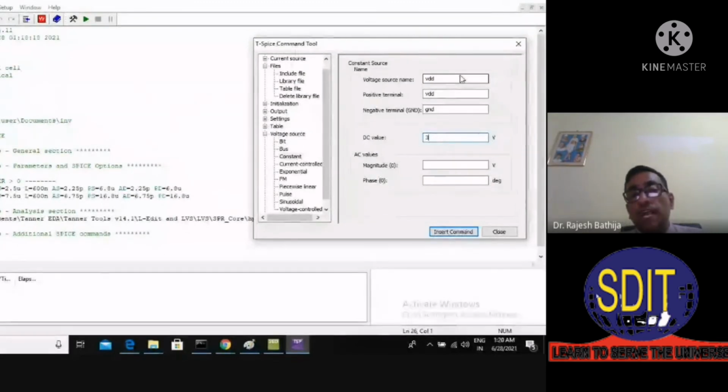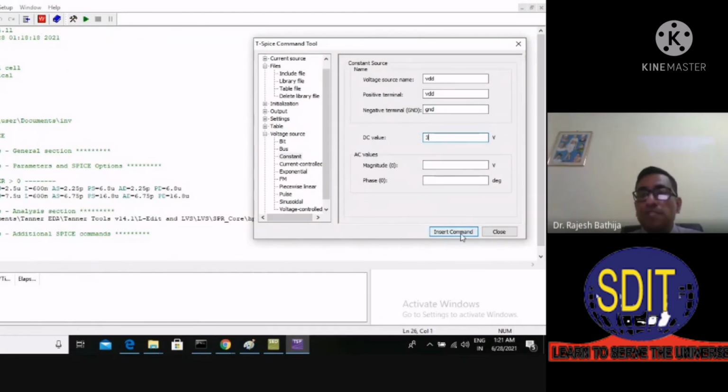So channel length can go down to that scale in 2014 itself. You can go to Google and type technology node, and then you can find which technology we are currently using in VLSI implementation, right?